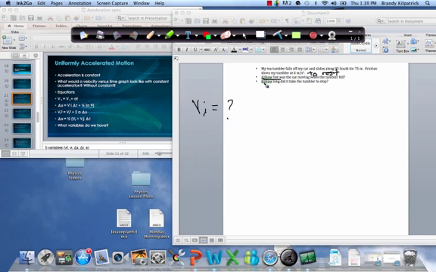It also says how long did it take. That's going to be delta t. We also do not know that. So what information are we given here? If I'm going to rest, my final velocity will be 0.